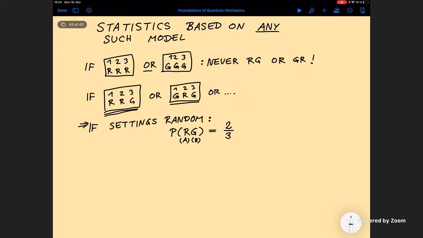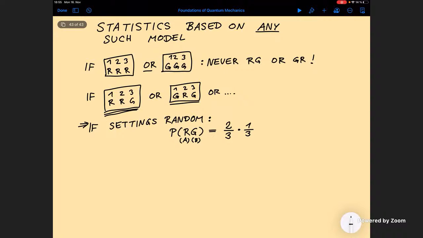And then at the second station, at station B, again, if I choose settings randomly, the likelihood to hit on the G is just 1/3, because it's just one out of the 3 settings that I could choose that will result in G. And since the settings are chosen independently, I can just multiply these 2 probabilities.